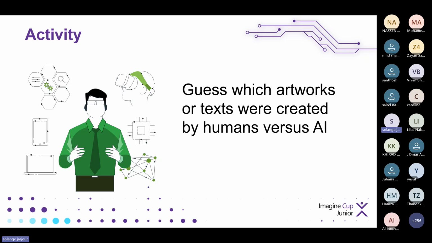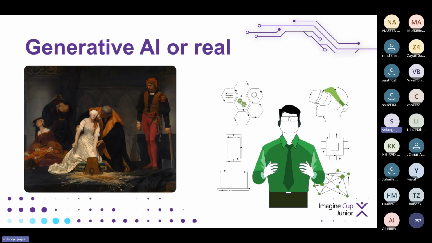Okay, let's go. I will start with the first image. This is the first image. Write for me whether it is generated AI or a real picture. So you will find two messages from the AI Innovators account, generated AI and real picture.